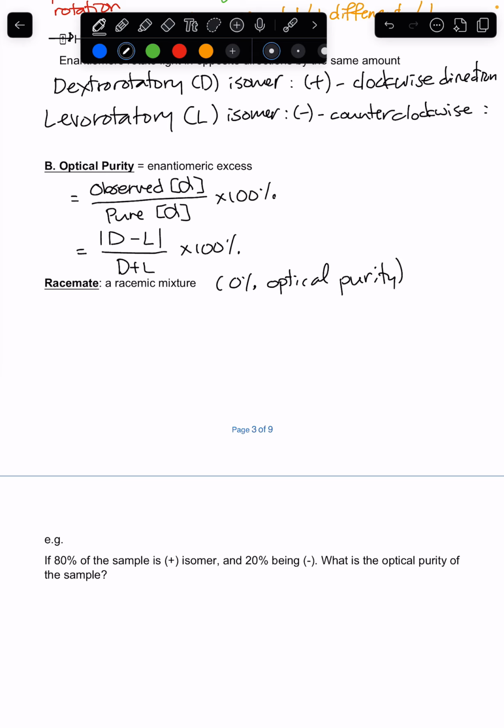And again, in this context, we're not talking about purity in terms of being contaminated with some totally unrelated stuff, but we're talking about just the enantiomers ratio. If you have a 1-to-1 mixture of enantiomers, you have a racemate or racemic mixture. There is no optical activity.